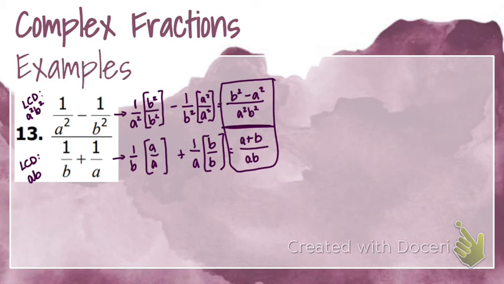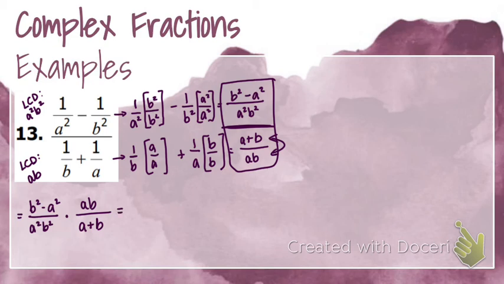So we can convert that to multiplication. We're going to have b squared minus a squared over a squared b squared times, and then flip the bottom one, ab over a plus b.